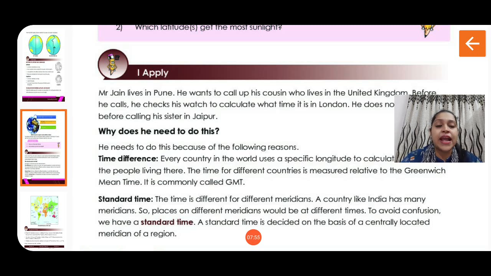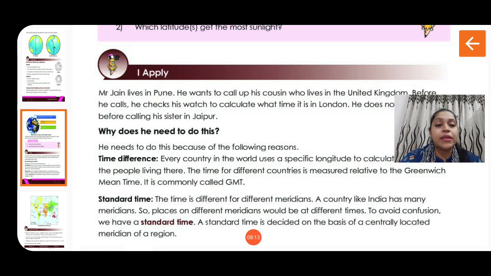For a country like India, many longitudes pass through it, but the time of only one meridian is taken as the standard time for the whole country. So places on different meridians would be at different times.